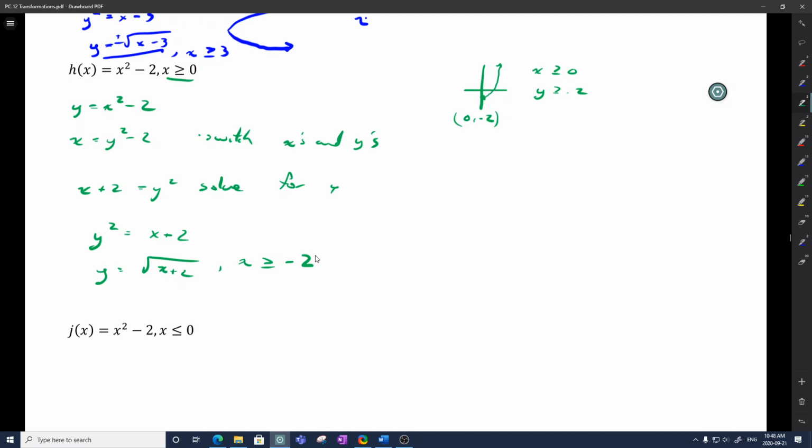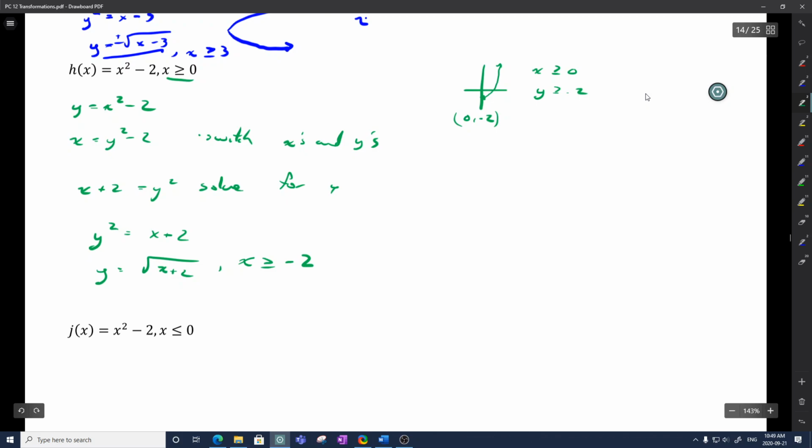Keep in mind, don't you find it curious, the domain and the range for your regular function become the new range, and the range becomes the new domain. There's another interesting thing about inverse functions. All right, let us do the next one.